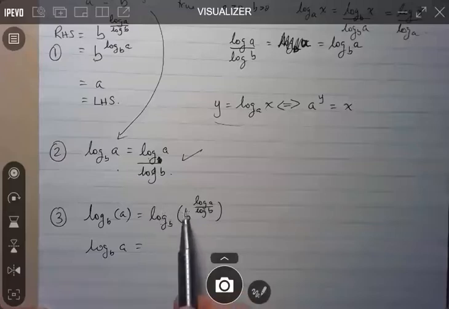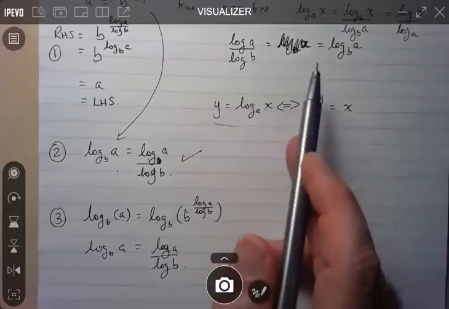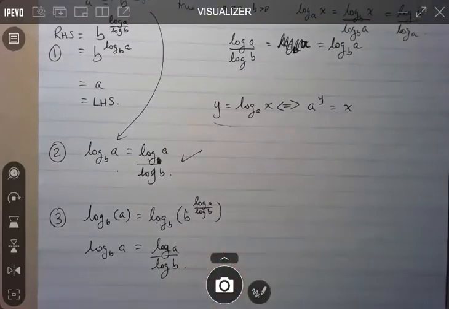So these two functions essentially cancel out each other's effects. I'm just left with the original input, which is log a over log b. And yet again, these two things are equal because of the change of base formula. So three different ways of seeing it. But in the end, you have to make some sort of reference to the change of base formula.